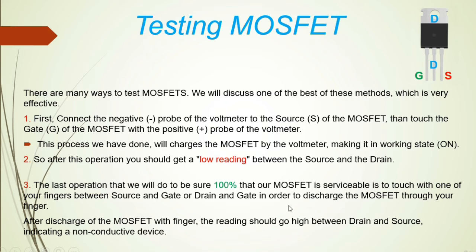Okay? In order to discharge the MOSFET through your finger. After discharge of the MOSFET with the finger, the reading should go high between drain and source, indicating a non-conductive device.